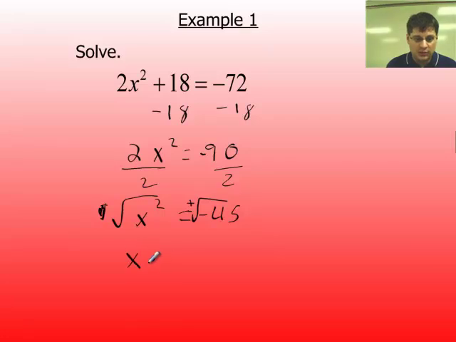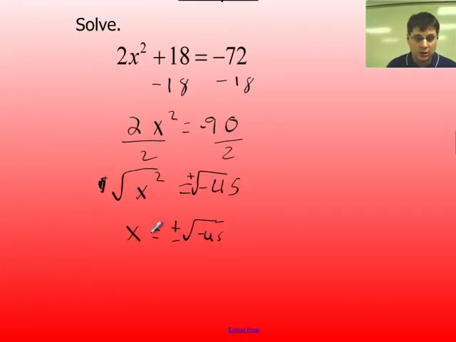So that's just going to leave me with x equals plus or minus the square root of negative 45. Well, you can't take the square root of a negative number. That's a problem. So how do we do it? Well, we're going to evaluate the negative, and we're going to say x is equal to plus or minus i square root of 45. Okay, now we're on to something.